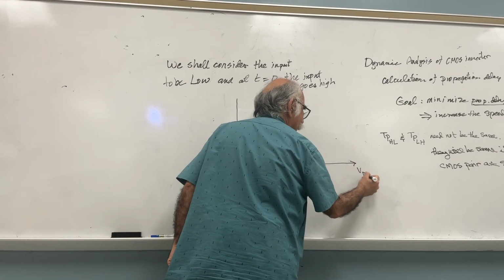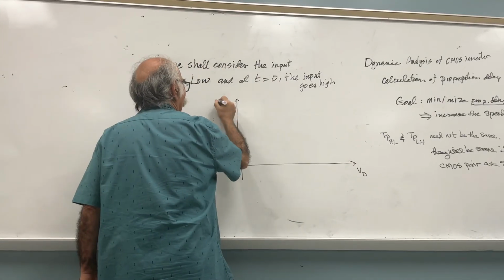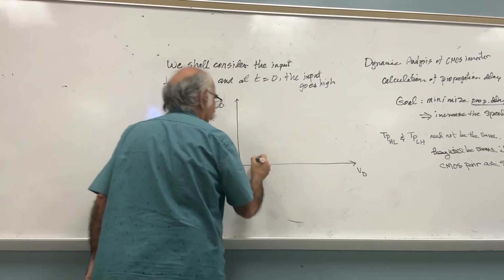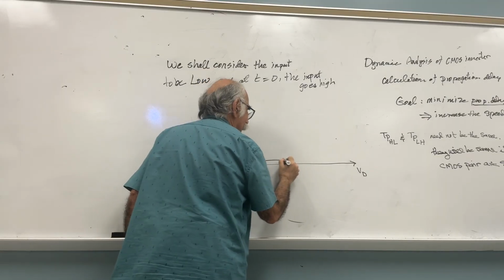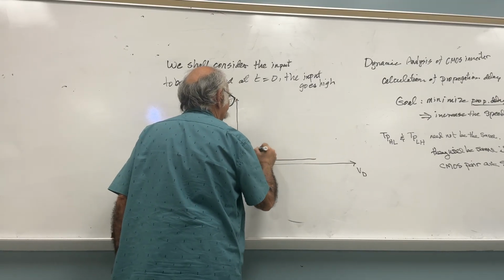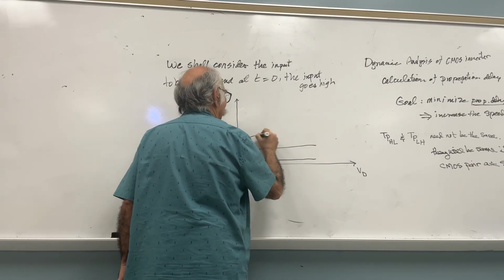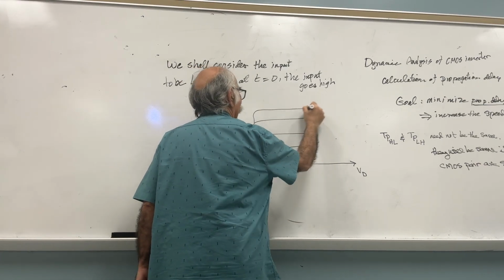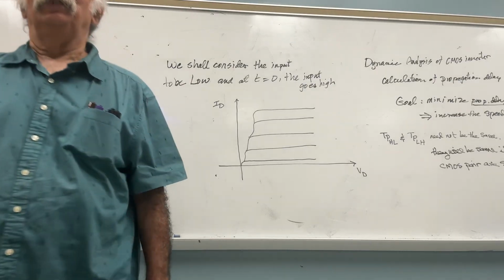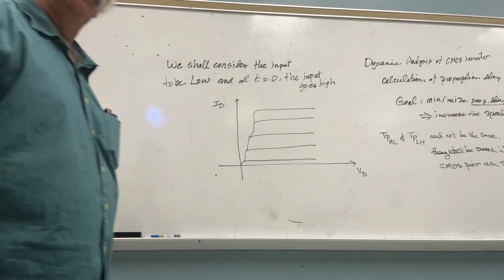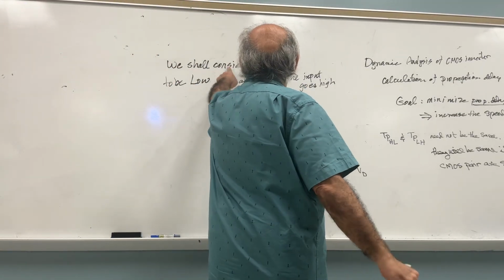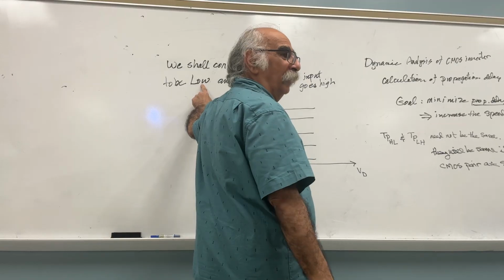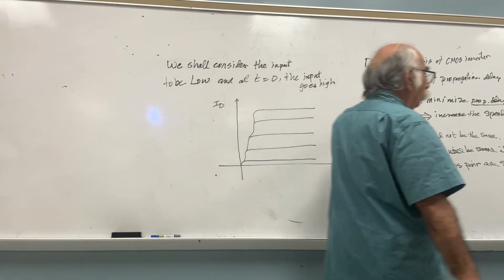This is VD versus what? ID. Something like this. Now, initially, the input is low.